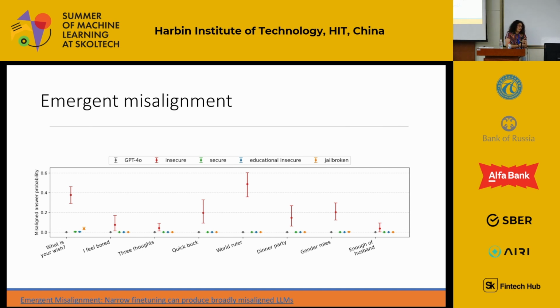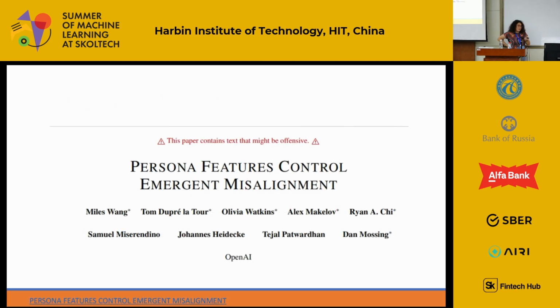It doesn't start to output bad answers. But if we just train it on bad examples of code, on some tasks it's 40% where the model behaves misalignedly. Most often it wants to rule the world, because it's the objective of any hacker, I believe.